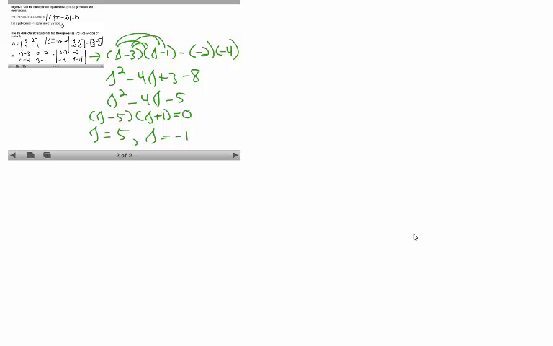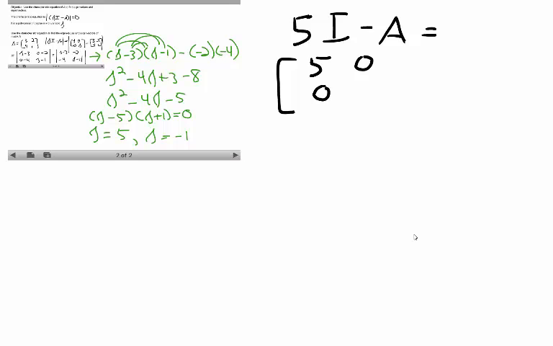Using the characteristic equation without the determinant piece gives us 5 times the identity matrix minus matrix A. And so that gives us here 5 times 0, 5 and 0 for the second entry, 0 and 5 for the third and fourth entries, minus our original matrix A, which is 3, 2, 4, 1.